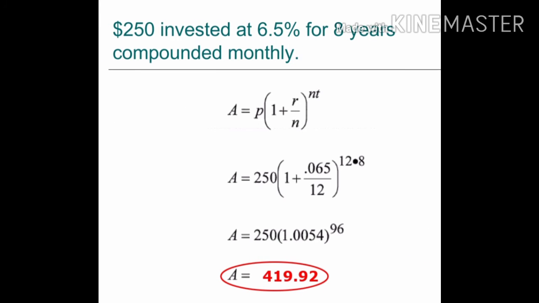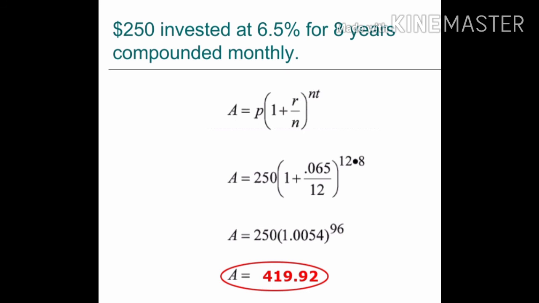So, another example is $250 invested at 6.5% for 8 years compounded monthly. That is the formula. The principal amount is 250 times 1 plus 0.065 because it is 6.5%, over 12 because it is compounded monthly, and there are 12 months in a year, to the power of 12 times 8 because it is 8 years.